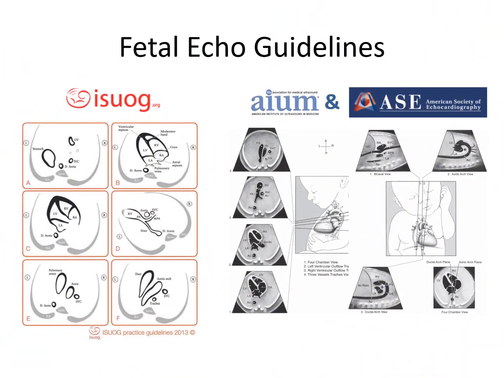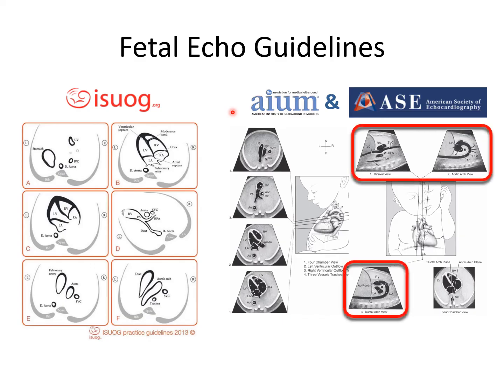As part of the societal guidelines, you can see the difference between the two sets of guidelines. You see ISUOG, basically the same views, although all transverse views starting in the abdomen and then coming up above the diaphragm to the four chamber, the outflow tracts, 3-vessel trachea, and also the V of the arches here, and no sagittal views there.